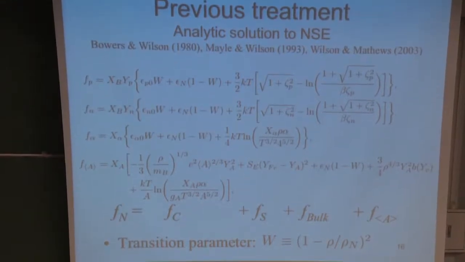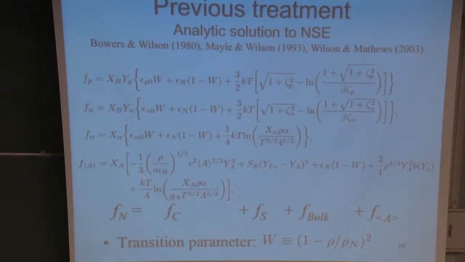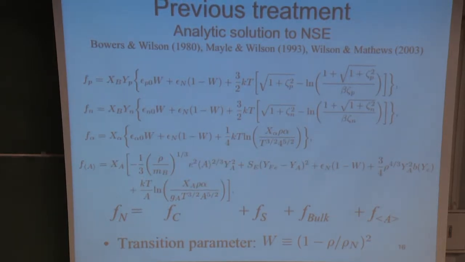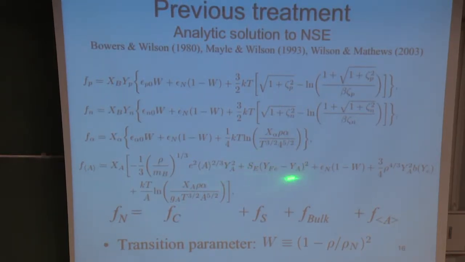To that we have to add a Coulomb term, which comes in here, and we have to add a surface term, which comes in here, that depends upon what the asymmetry parameter is.